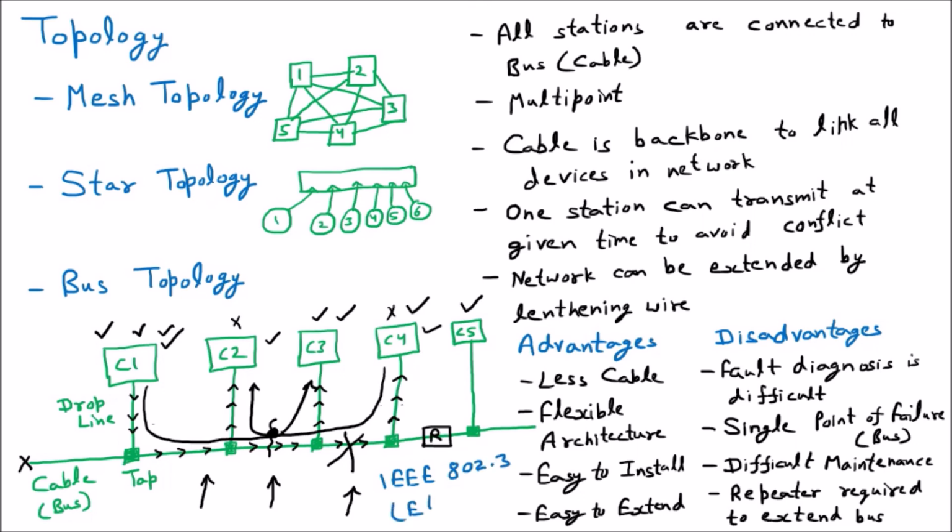It is the technical name of the Ethernet cable. In the examination they may confuse you by asking to explain IEEE 802.3, so you must know that it is Ethernet, nothing else. So Ethernet is the example of bus topology because today we are using Ethernet as the cable. That's why it is used for the bus topology. So that is all about the bus topology.